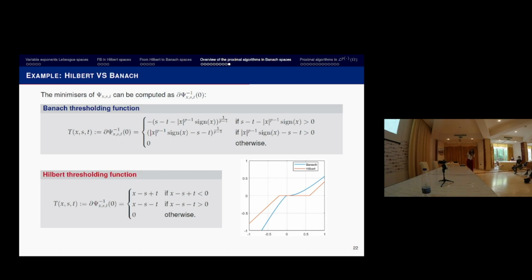And in the plot you can see how the action of this thresholding function is different. The one in red is the usual soft thresholding, and the one in blue is, let's say, the soft thresholding in a Banach space scenario where the action is not linear.